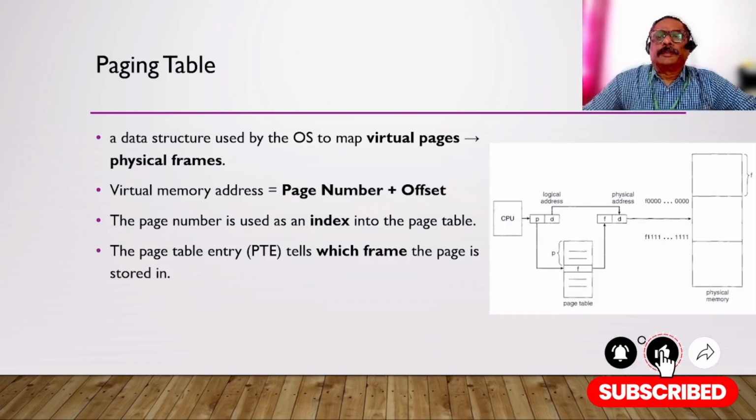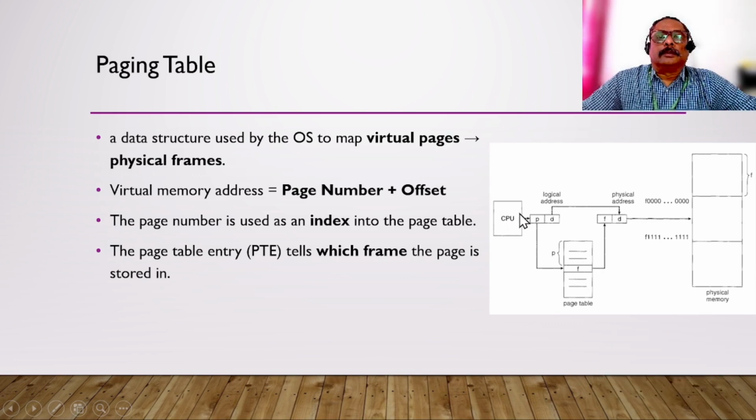Now looking at this figure, we can understand what the whole thing is about. The CPU gives out the virtual memory address of the data or the location where it wants to go. This virtual memory address consists of two things, P and D: P is the page number and D is the offset. P is an index into the page table.